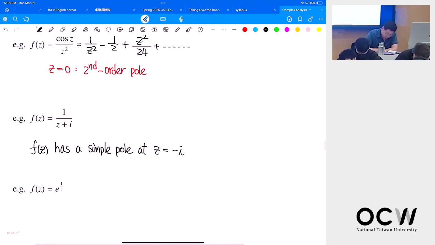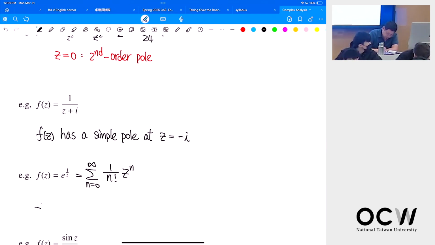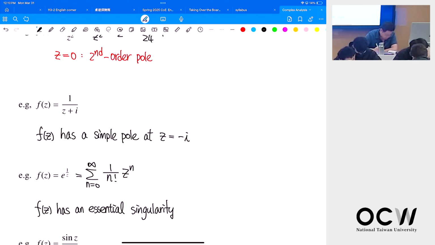We can rewrite that as summation n from 0 to infinity 1 over n factorial z to the n. This function has an essential singularity at z equals 0.